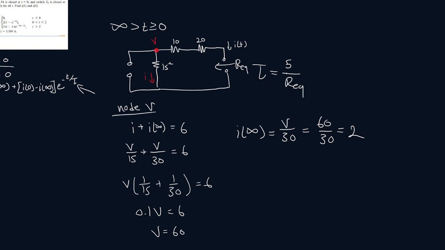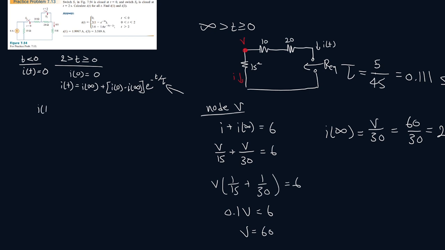So this one's just an open wire, so we can ignore it, and then we add up all the resistors, and we see they're all in series. So it'll be 15 plus 10 plus 20, which is 45. So 5 over 45, that's 0.111 seconds.